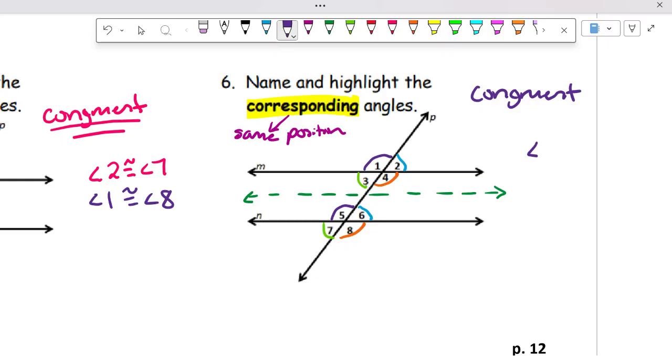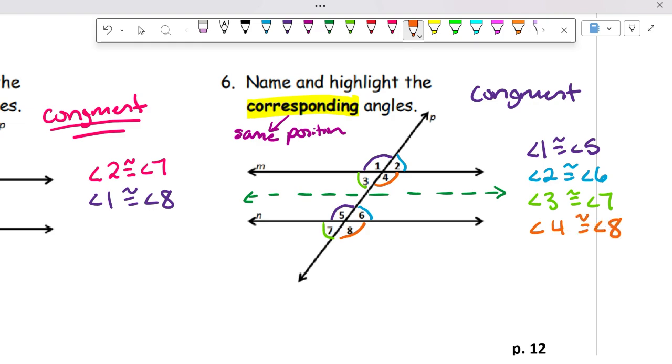So we would say angle 1 is congruent to angle 5. Angle 2 is congruent to angle 6. Angle 3 is congruent to angle 7. And angle 4 is congruent to angle 8.